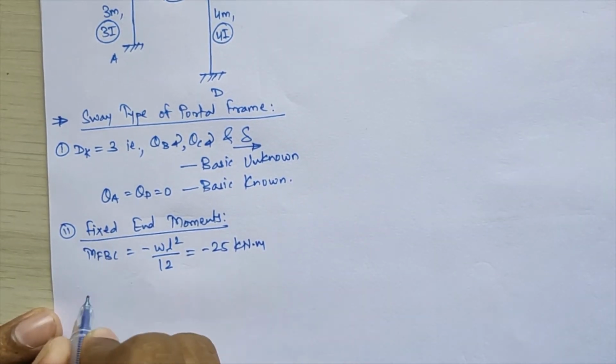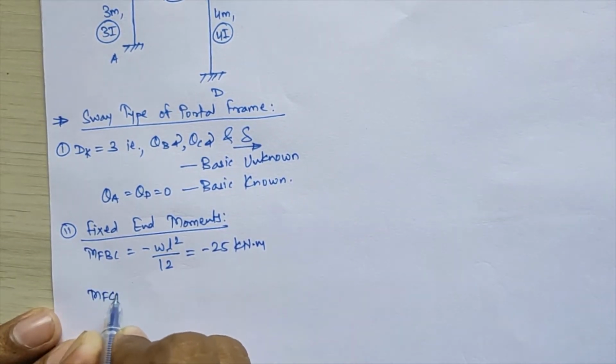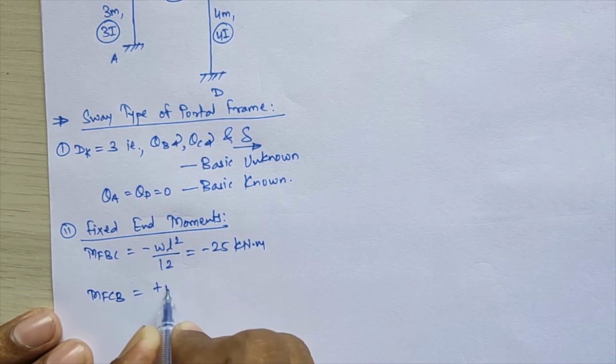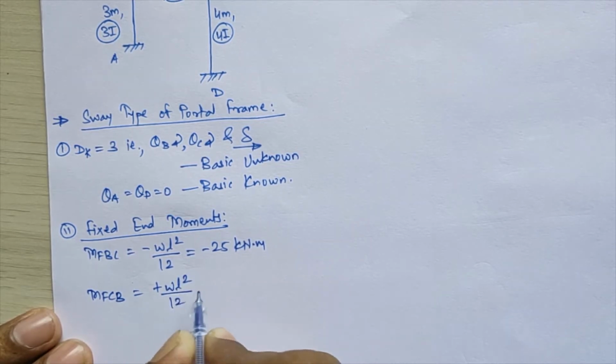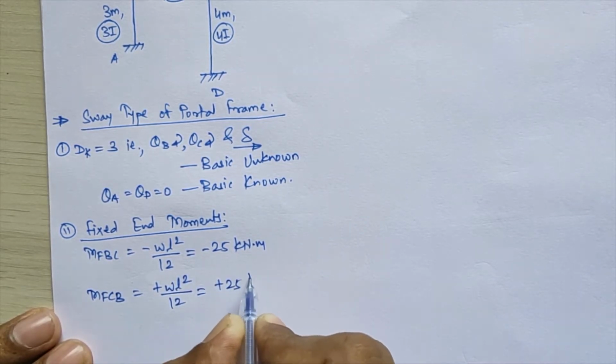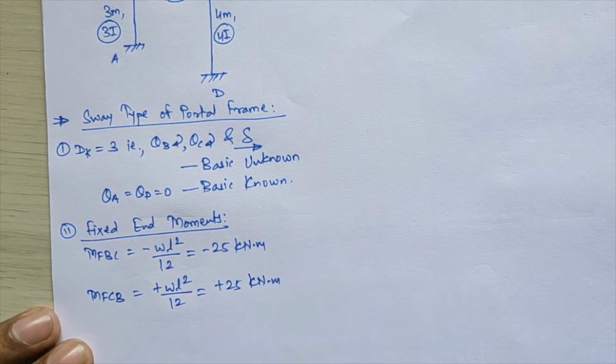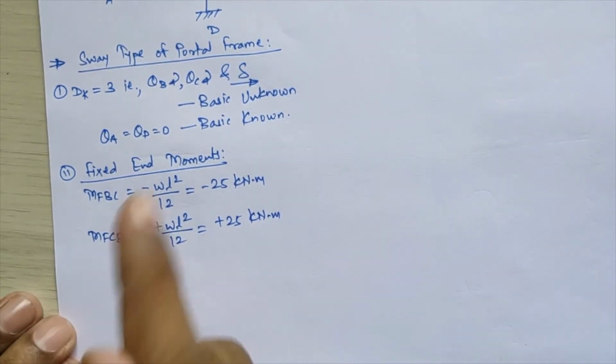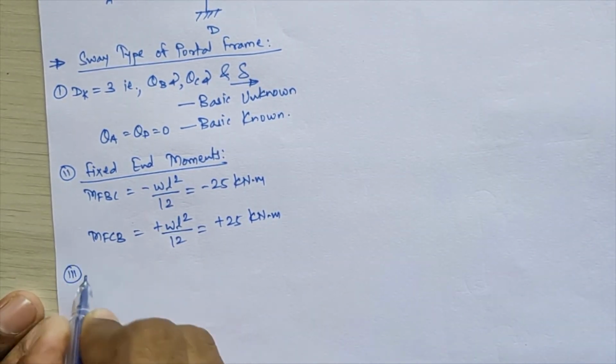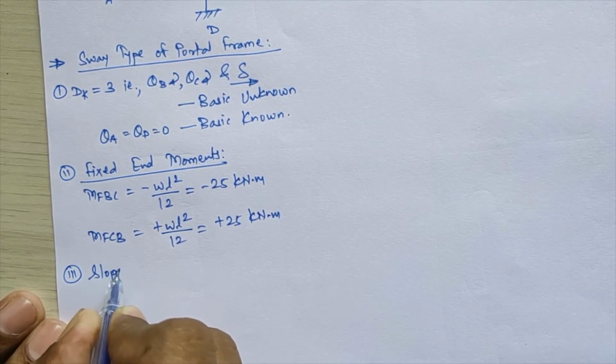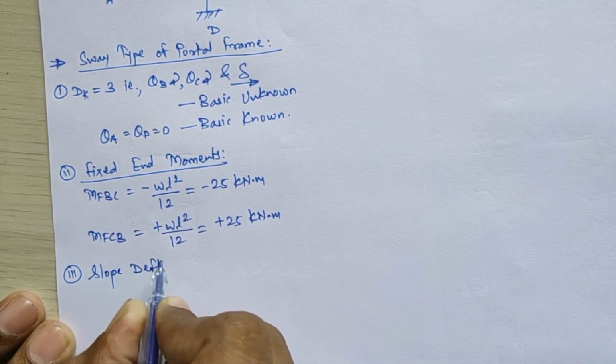Then next MF CB will be plus WL square upon 12, so that will come plus 25 kilonewton meter.